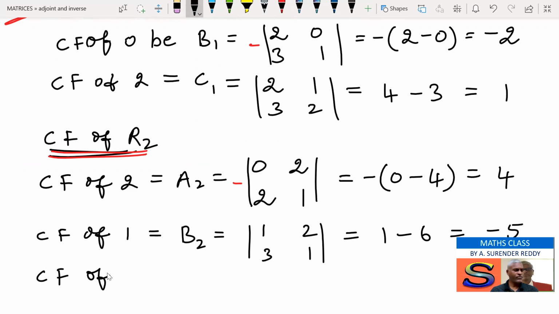Cofactor of the second row third element 0, let it be C2.